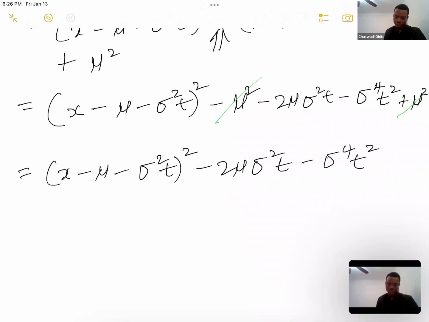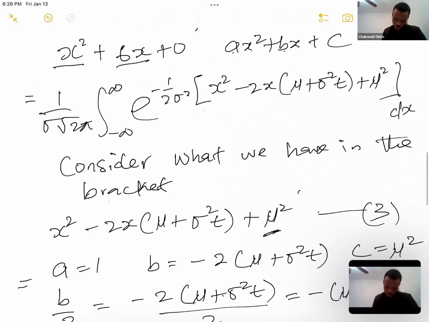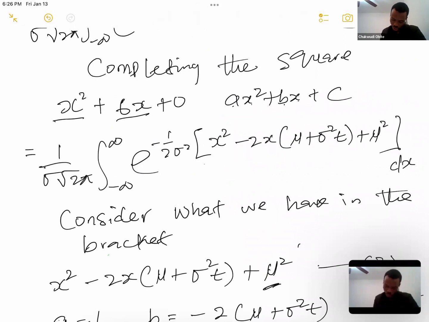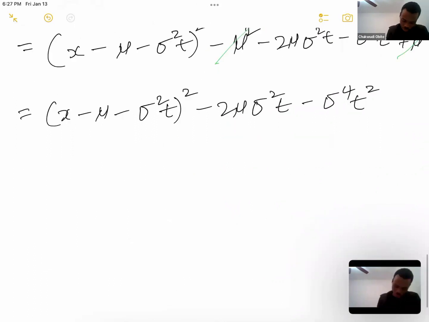Remember, I considered only what we have in the bracket. So let me call this equation. This is already equation 1. I called it equation 1. Yeah. So now I have to substitute back to equation 1. So this is what we have in equation 1.